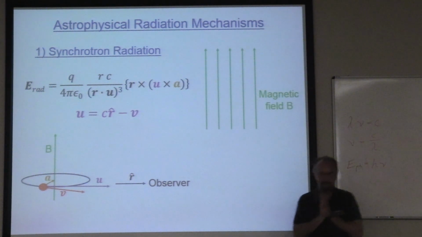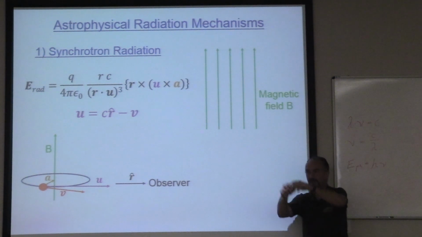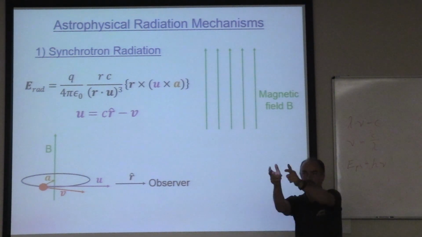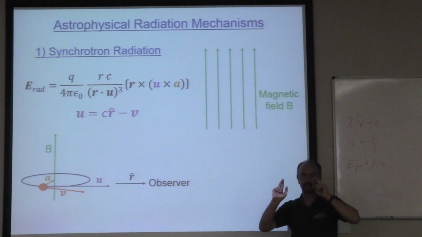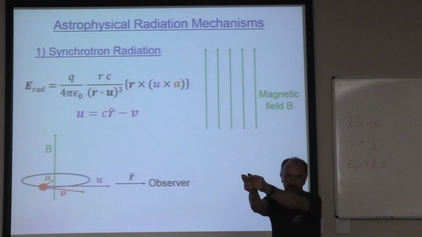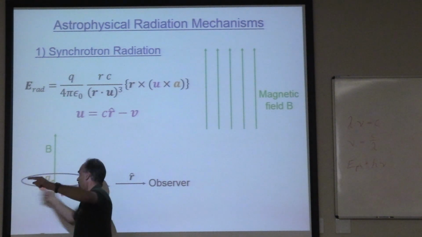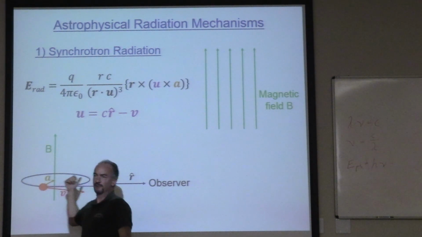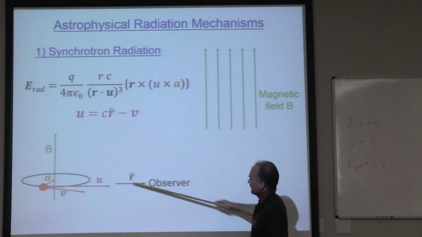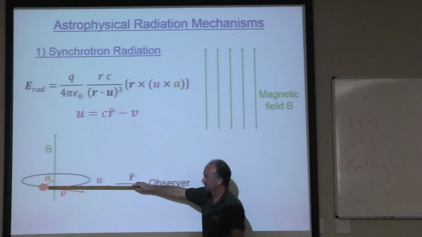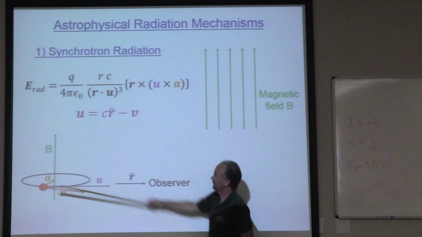And you all remember relativity. If the particle radiates, it's moving relativistically, then all the radiation essentially goes forward. So if we see it radiating, it must be moving close to the direction towards us, right? So this vector u must also be kind of in the direction towards us, right?